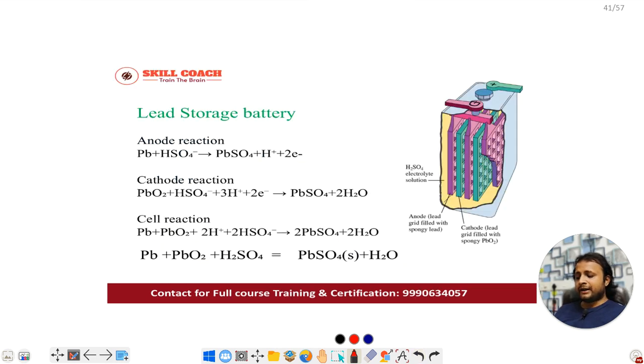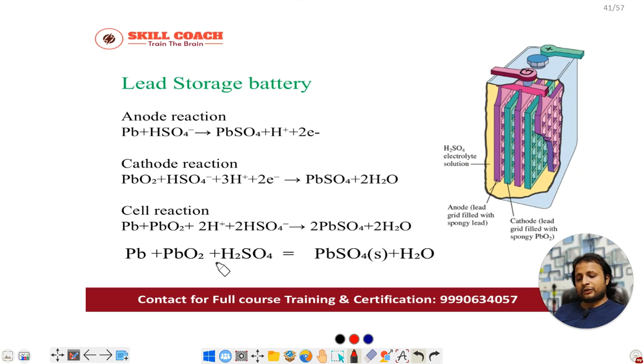And the lead storage battery, this is also called the lead acid battery. If you remember, these are still very popular for some applications. This is also working on the same cell principle. Why I explained the very small thing, why we went through it this way, is so that we can understand this easily.